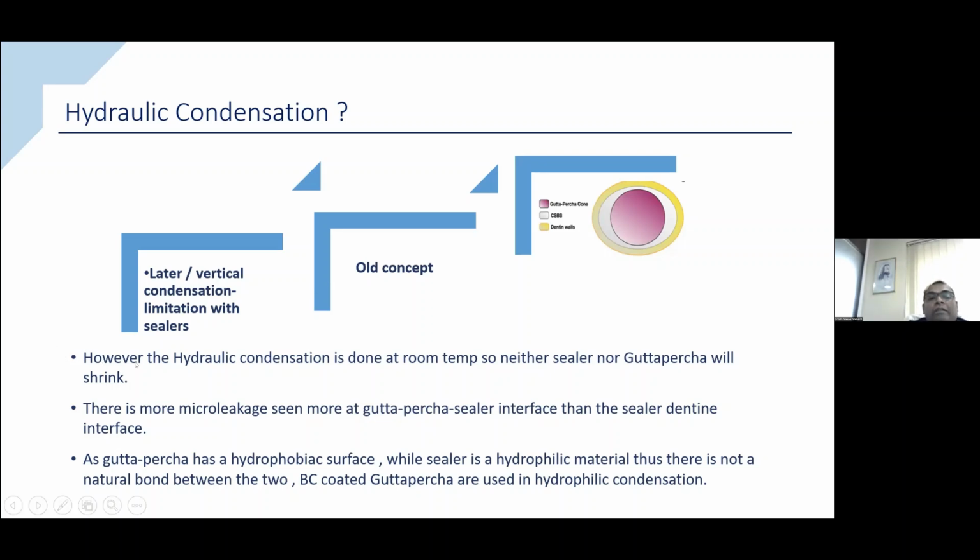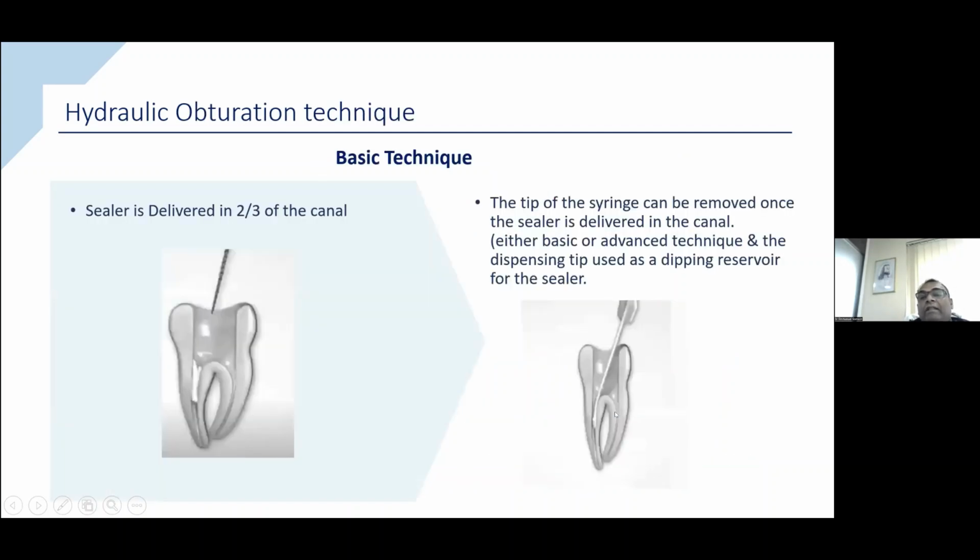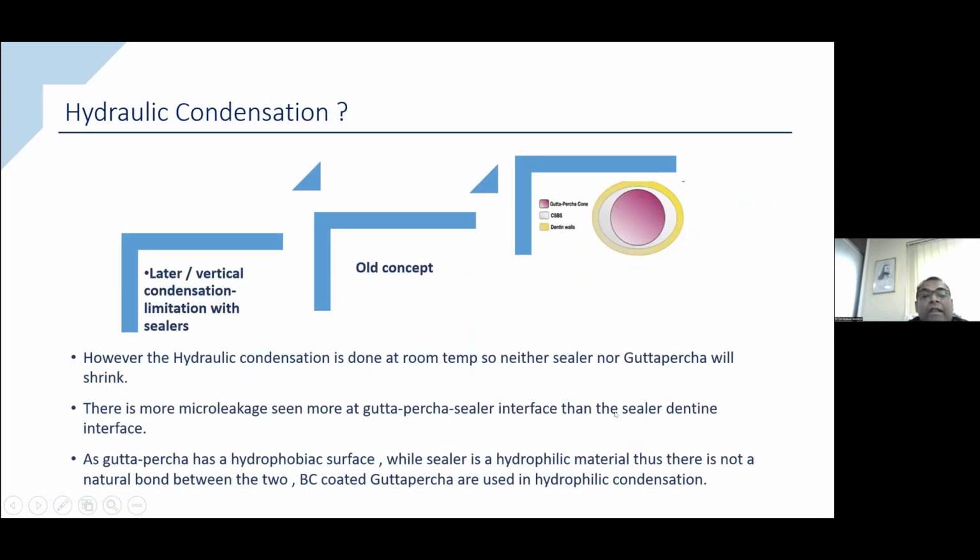Now, at this point, you see that the hydraulic condensation is done at room temperature, so neither the gutta percha is going to shrink nor the sealer. There is more microleakage seen at the gutta percha sealer interface than at the sealer dentine interface.